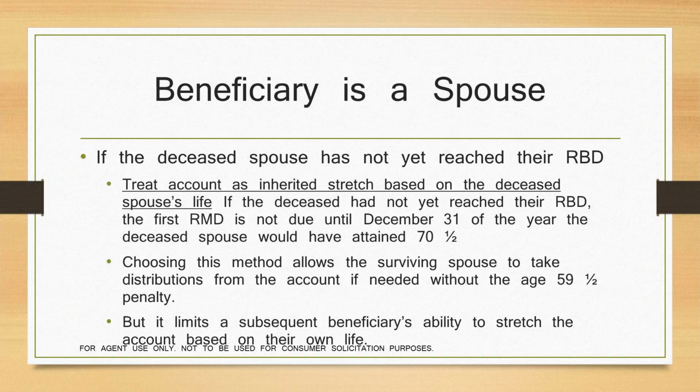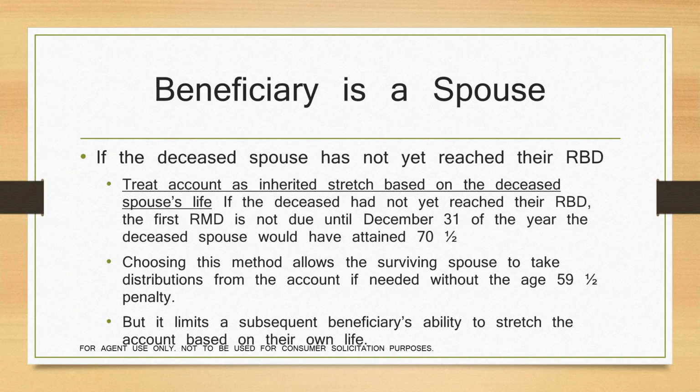A couple of things about that. Minimum distributions can be delayed for the spouse beneficiary until the year in which the deceased spouse would have turned 70.5. That's a different requirement for beginning than for non-spouse beneficiaries, so this is available for the surviving spouse only.